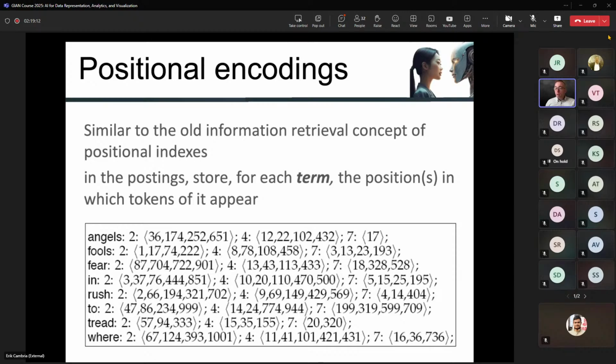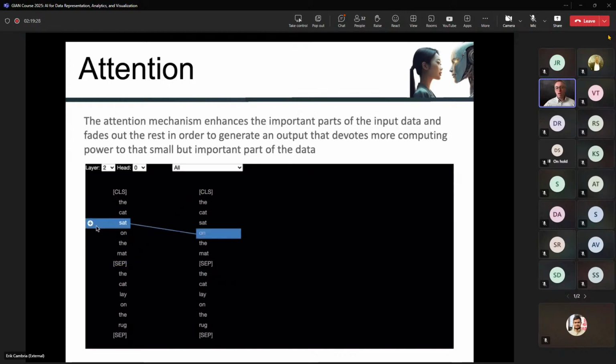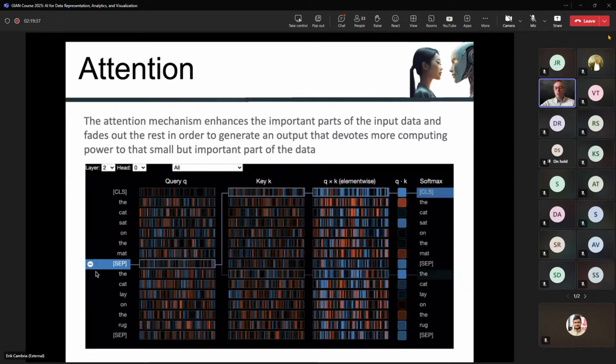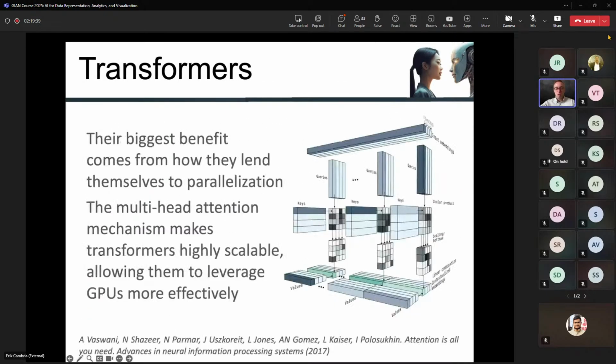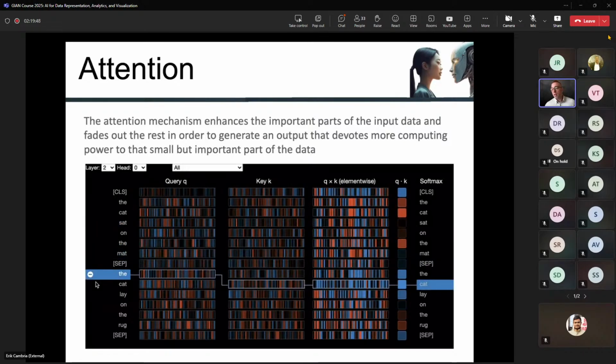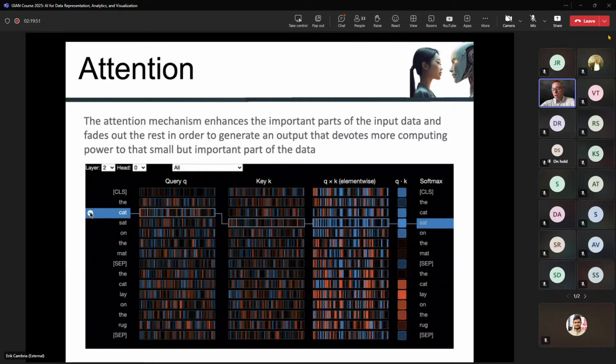So before, with convolutional neural networks, I was using this sliding window that goes through the sentence and only looks at words that appear before and after. Now I'm just saving all the positions of all the words in all the documents, and then use what? Then use attention. Attention mechanism is a very important and powerful concept that was introduced with the first paper on transformers. The title was Attention Is All You Need. Very cool title. Attention is a mechanism inspired by human attention.